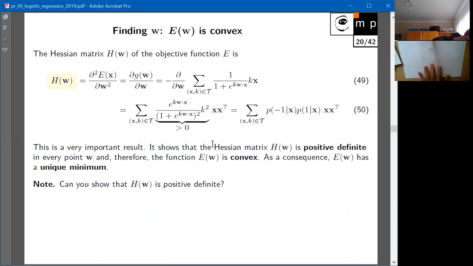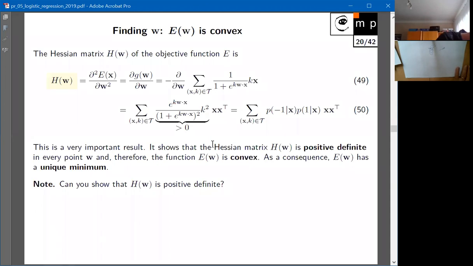If you move in the direction of the gradient, there must be some small epsilon where moving from position W to W plus small epsilon times the gradient of our energy will lead to improvement of the energy. This is the only guarantee you have from the gradient method.